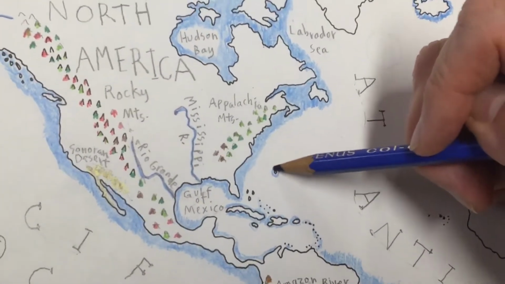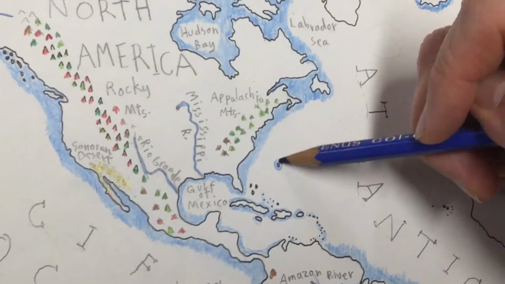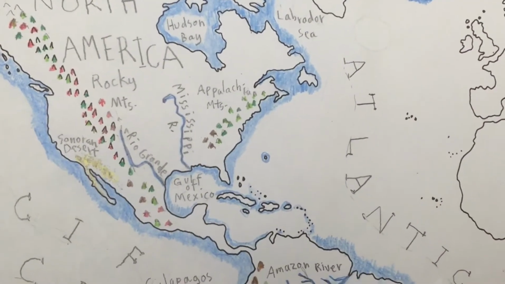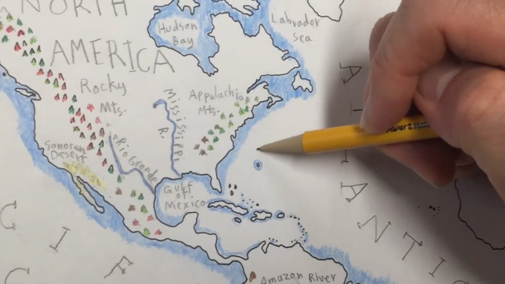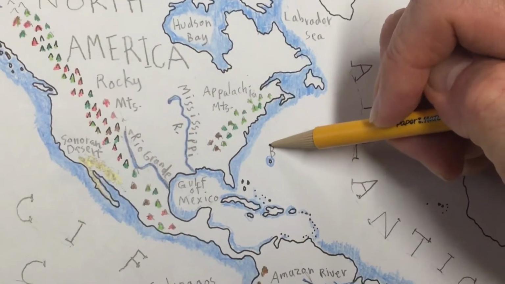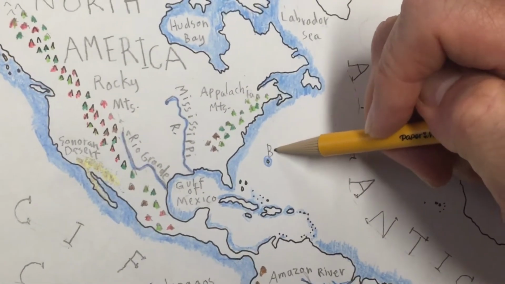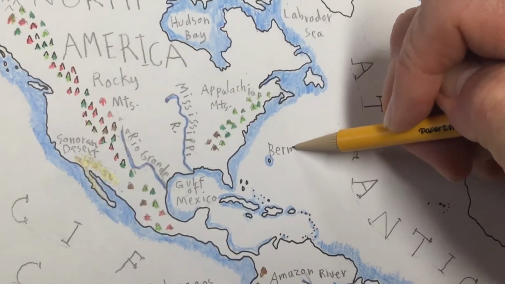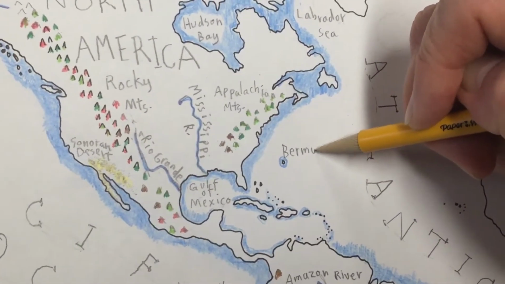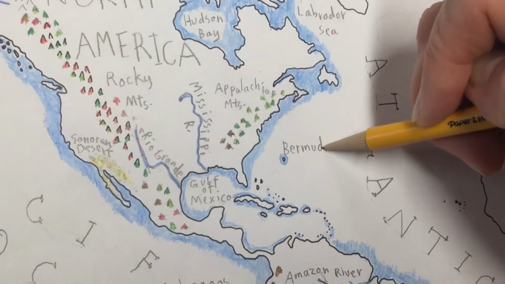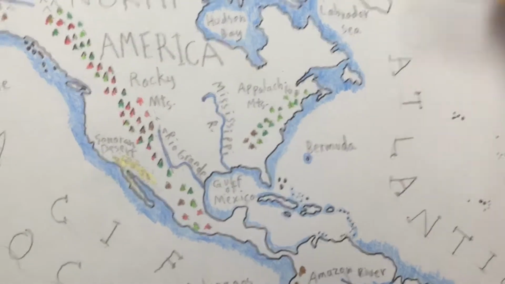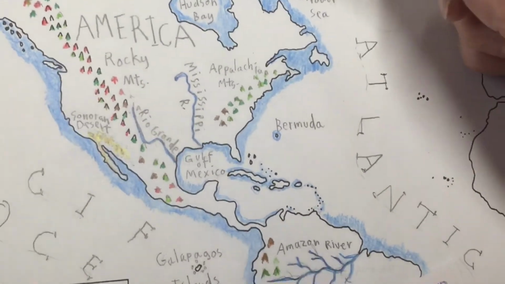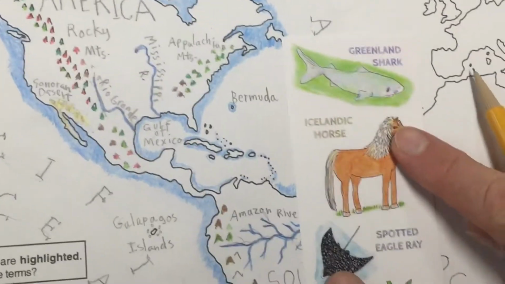That island right there is Bermuda. Don't write it too big. And that's where we find the spotted eagle ray.